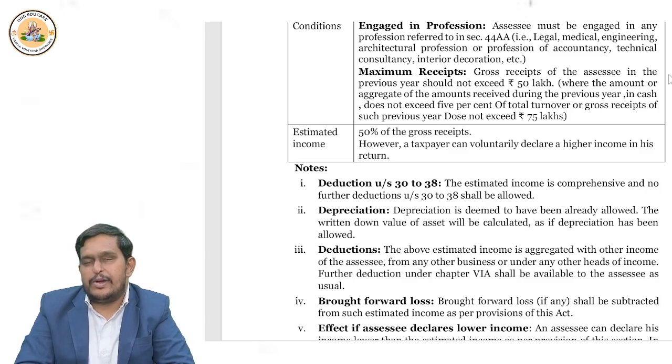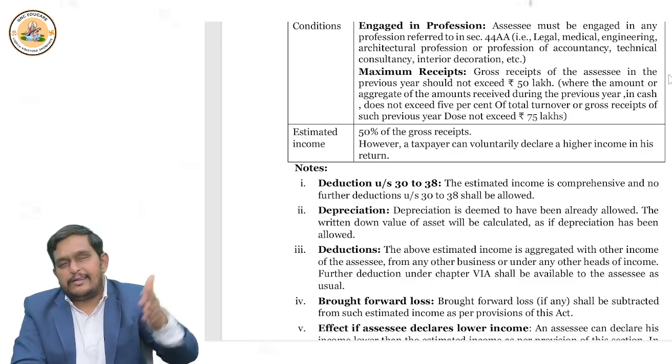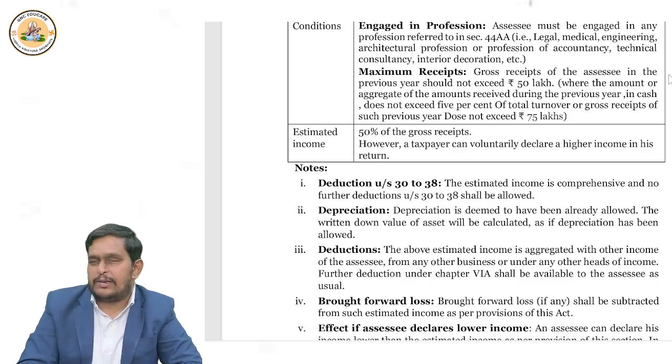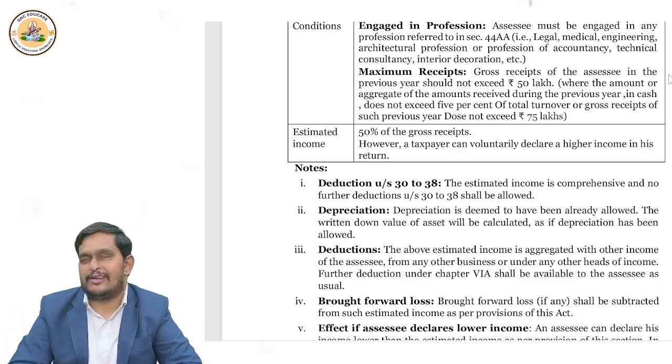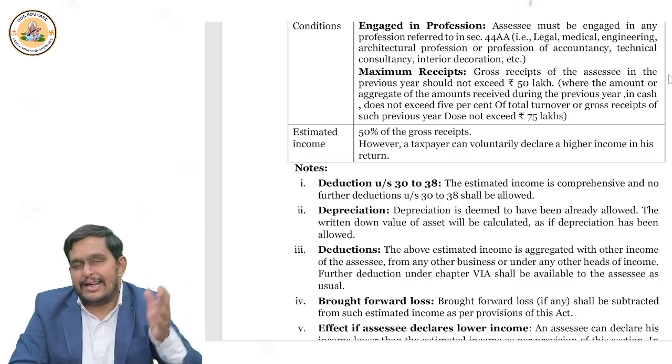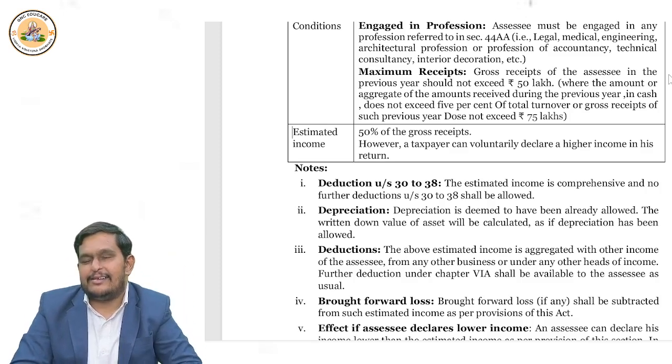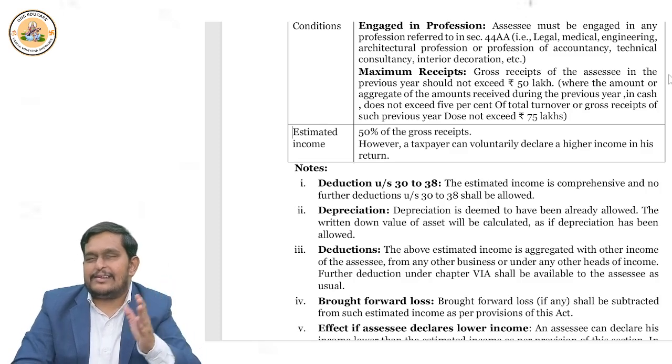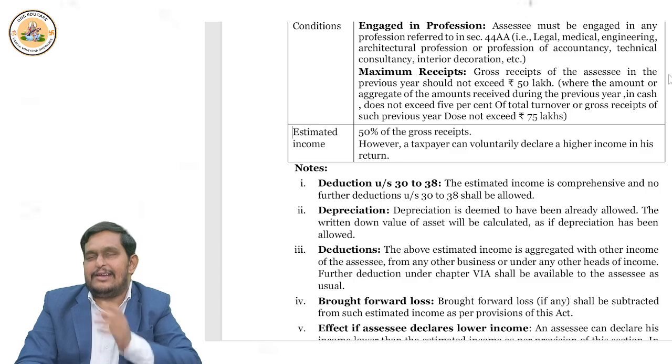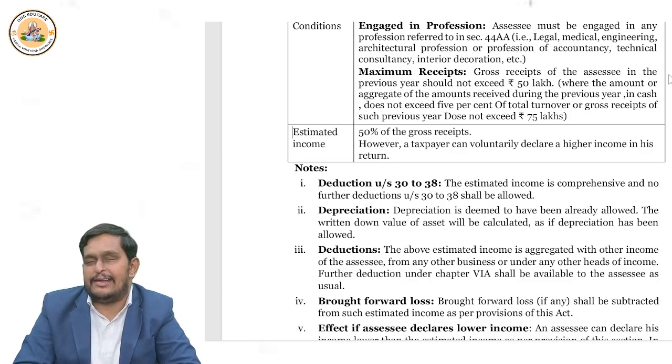You may say, sir, in 44AD it is 6%, 8%, and 44ADA directly 50%? There, he is a trader, selling goods, buying goods, so the percentage margin would be very less. That's why under 44AD they said 6/8%. But here it is professionals under 44ADA. So 50% of the gross receipts is your income.